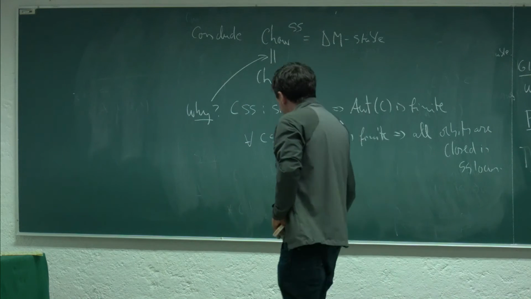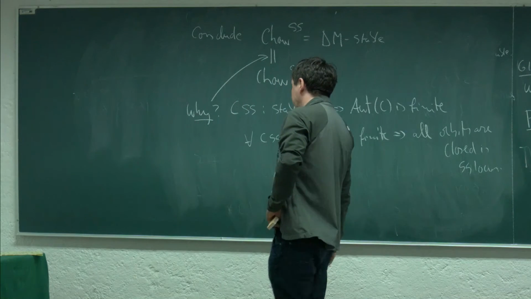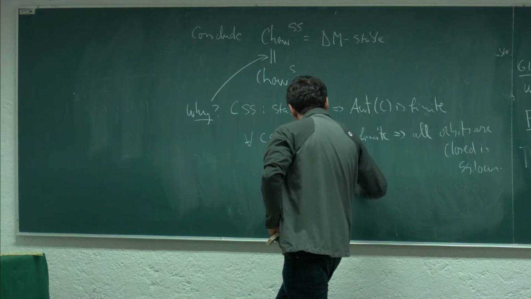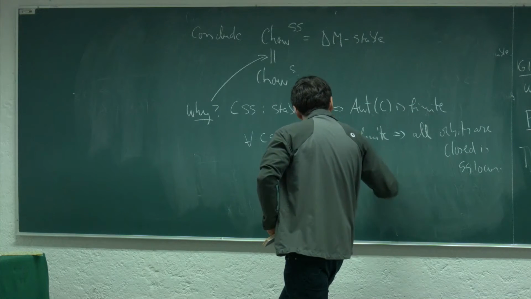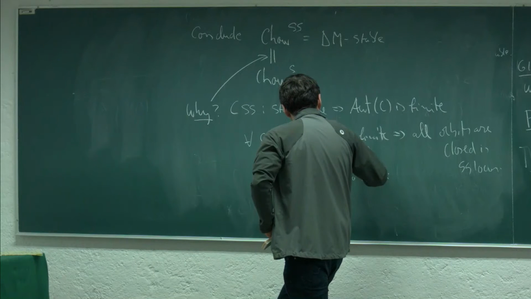Because you see, the failure of an orbit to be closed, the failure to be stable, is that I have a smaller orbit in the closure.